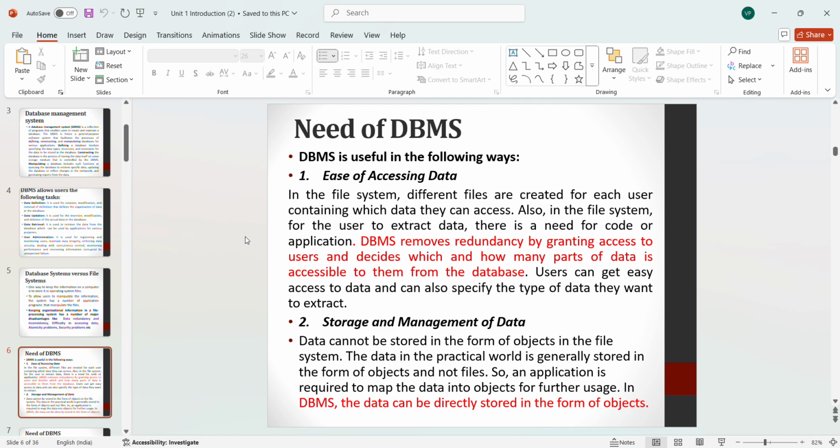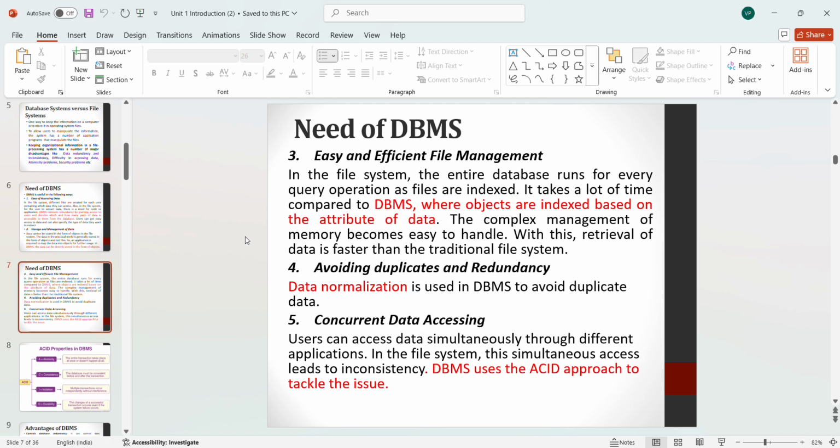Second is the storage and management of data. Data cannot be stored in the form of objects in the file system. In DBMS, the data can be directly stored in the form of objects. Next is ease and efficient file management, where in DBMS the objects are indexed based on the attributes of the data, while in the file system, the entire database runs for every query operation as files are indexed.